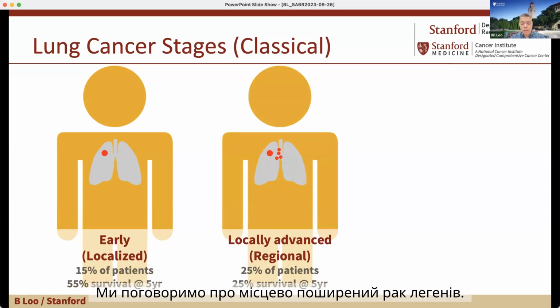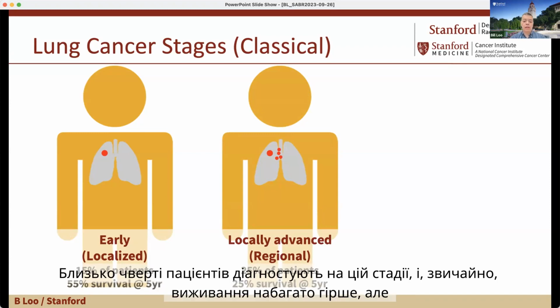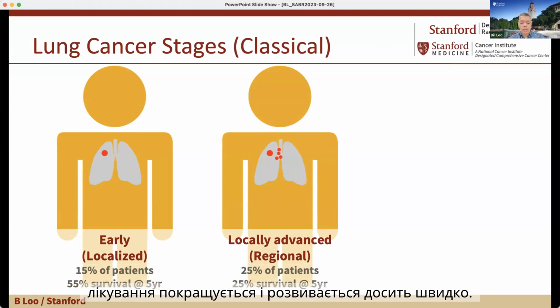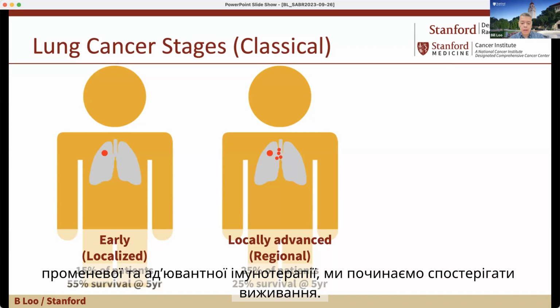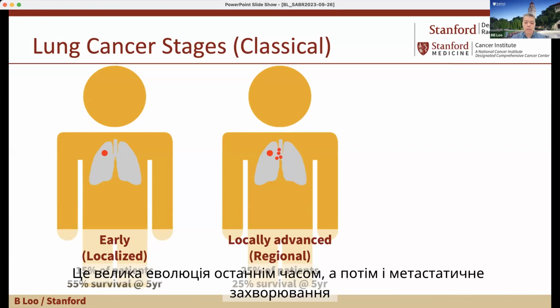In locally advanced lung cancer, this is where there's metastasis to regional nodes. About a quarter of patients are diagnosed at this stage, and of course, the survival is much worse, although it is evolving quite dramatically. So with the current modern combinations of chemo, radiation, and adjuvant immunotherapy, we're starting to see survival exceeding 40% at 5 years. So that's a big evolution in recent times.